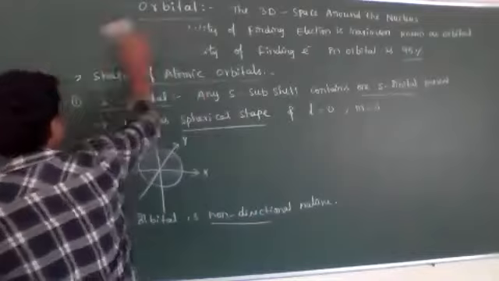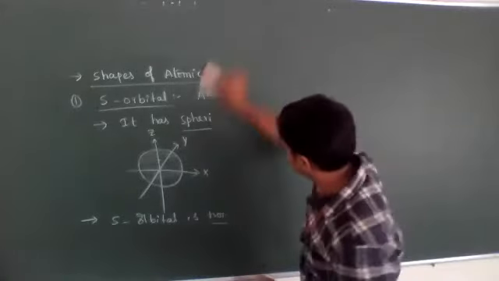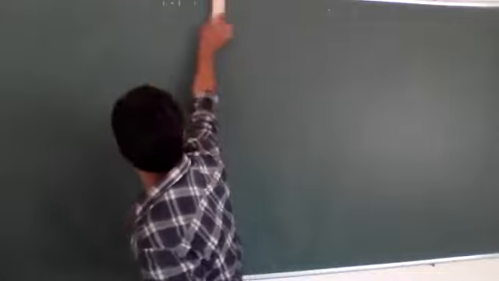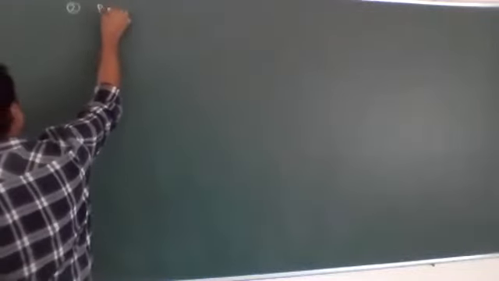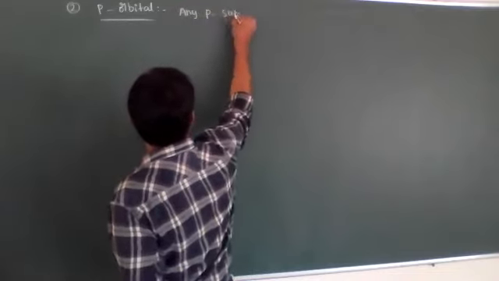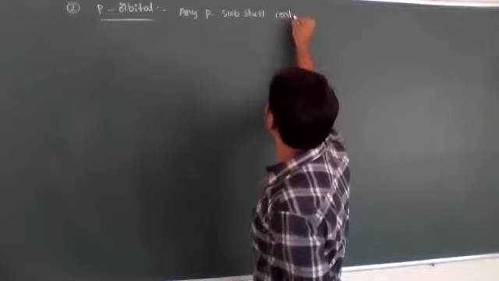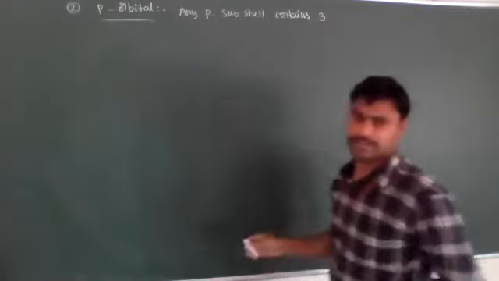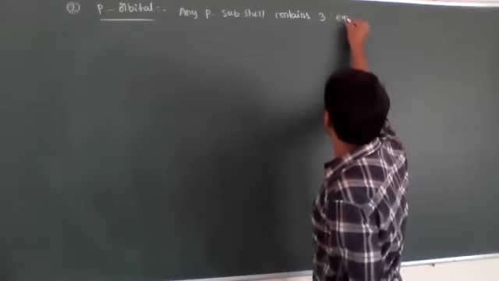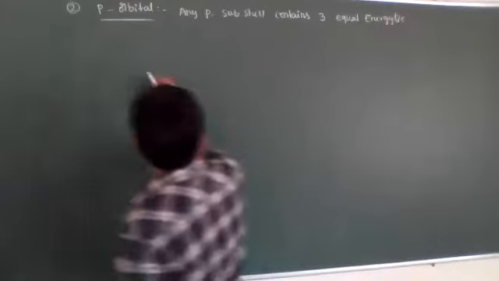Let's see the second one, p orbitals. Any p subshell contains three equal energetic p orbitals.